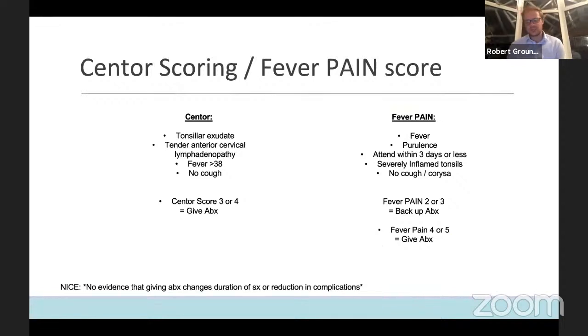There's a lot of question about whether you can tell the difference between viral tonsillitis and bacterial tonsillitis, and certainly a lot of people say exudate means it must be bacterial, no, exudate means it must be viral, and unfortunately there's no one hard and fast rule. A few different groups, Centor, the American guys, and FeverPAIN is what we're told about using here, have tried to put this together.